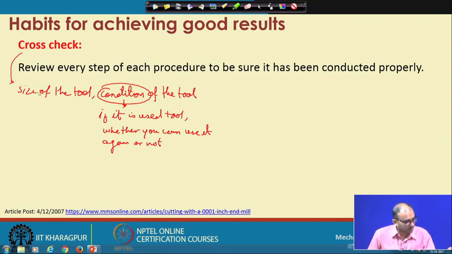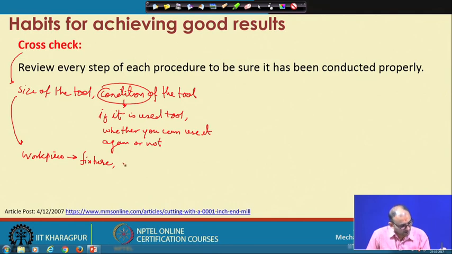Then this is about the tool, and then you have to find out about the workpiece. Fixture: it should be firmly fixed into the fixture, that is one thing. Then the parallelism, that all the surfaces should be flat.